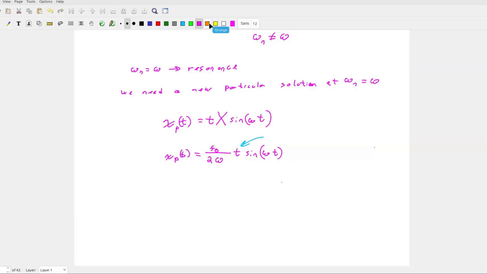So if we put it back with our homogeneous solution, we have x of t. Let's pull out our good friend capital A1 sine of omega t, plus A2 cosine of omega t, plus f naught over 2 omega t sine of omega t.